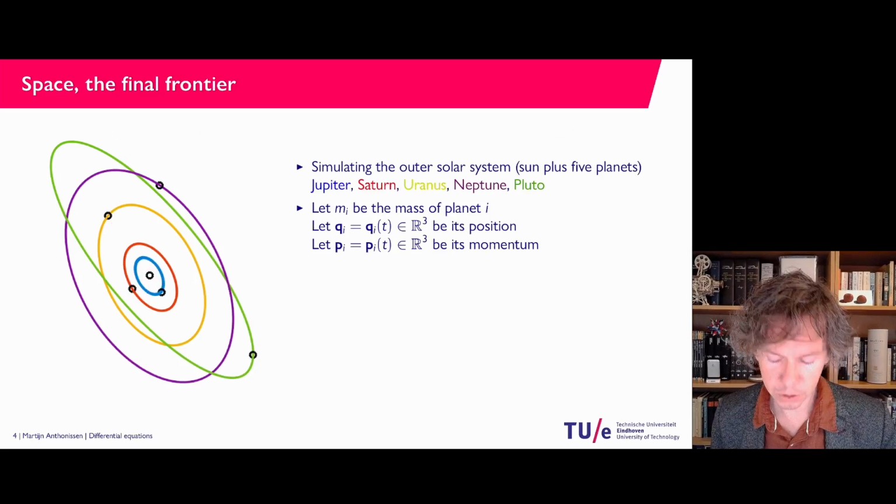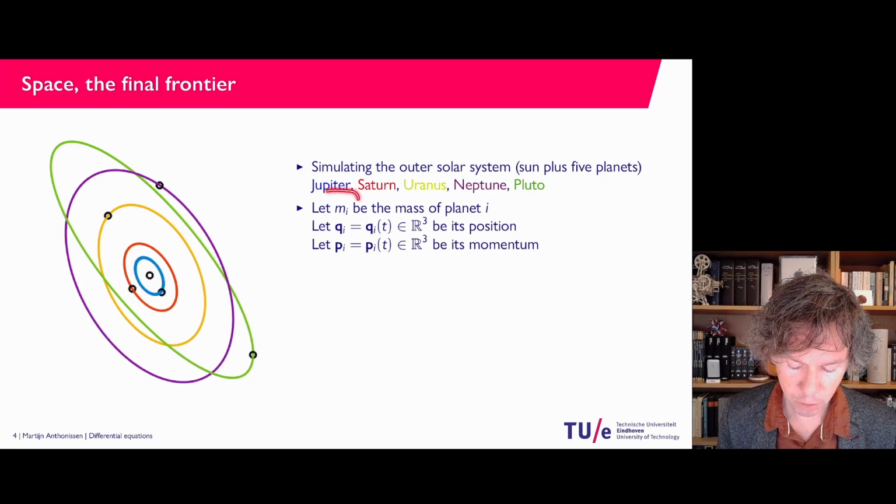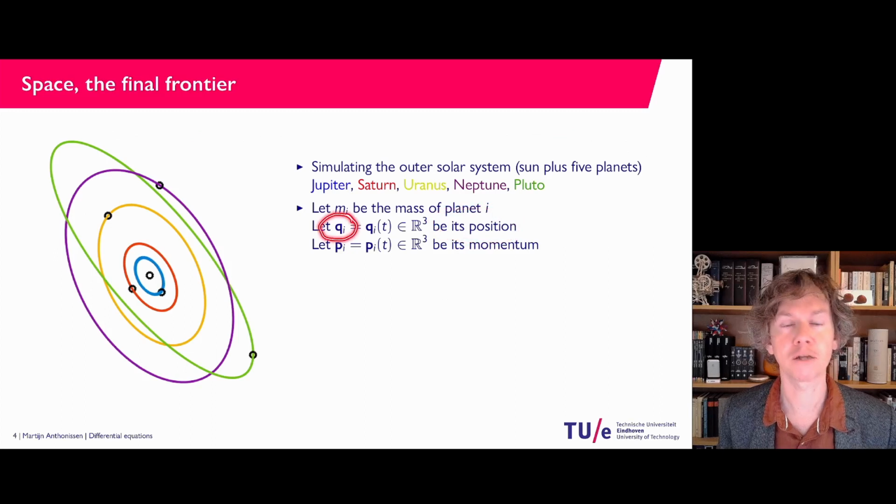And the way that you would describe this mathematically is using vectors. So we have the masses of each of the planets, and then we have the position in space. So Qi is a 3-vector with an x, y and z component that explains where the planet is at a certain moment in time. T is time.